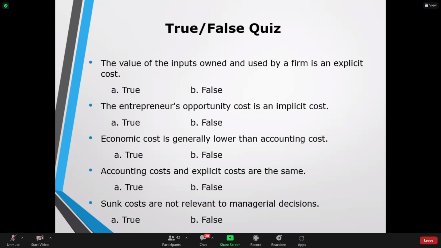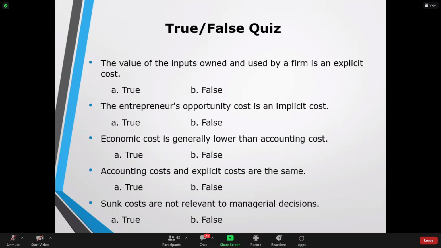The reason is that in economic cost, we consider the implicit cost, the opportunity cost, whereas that is not counted in accounting cost. So therefore, economic cost is higher than the accounting cost. So that statement is false.